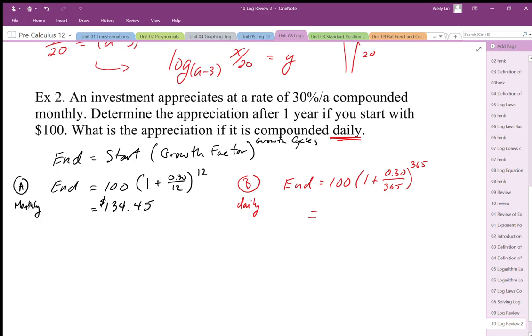This time we're going to divide that 30% into 365 units, and then compound it 365 times, so we get $134.97. Okay, so we get a little bit more, about 52 more cents if we compound it daily instead of every month.